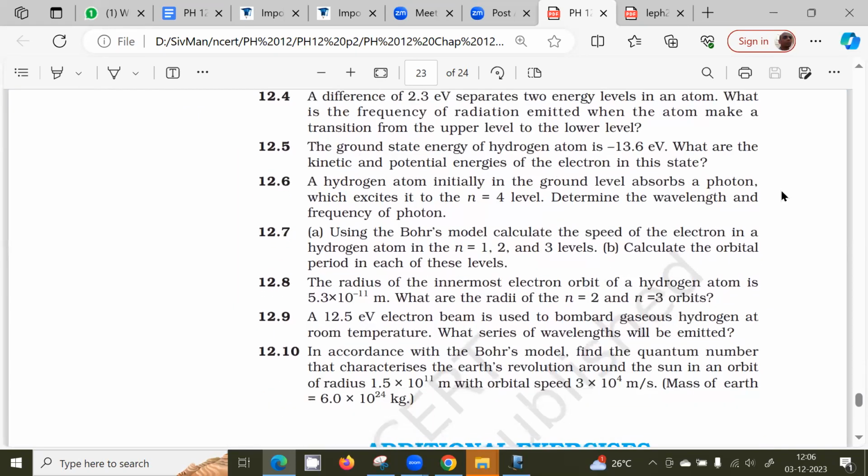The hydrogen atom is excited from... Okay, this is a trivial question. Initially, the electron is jumping from n equal to 1 to a higher state, so energy has to be supplied.